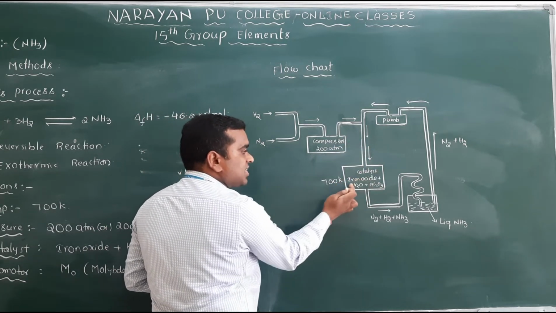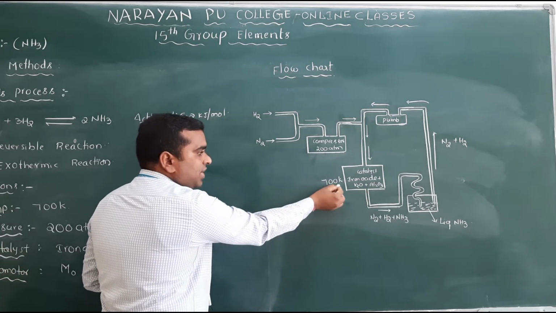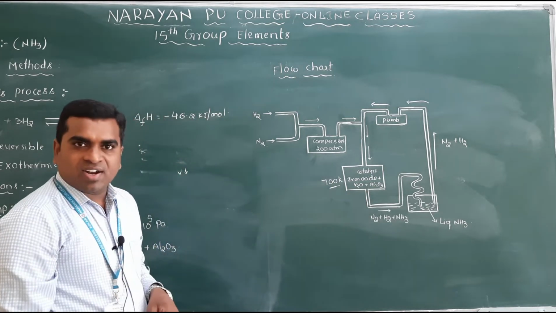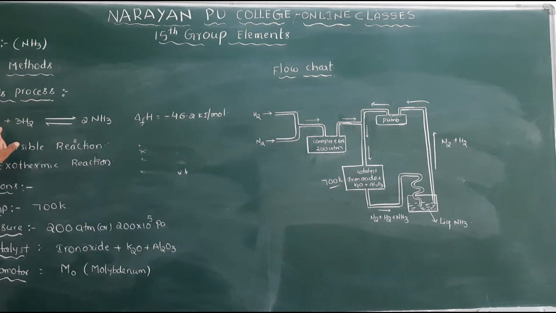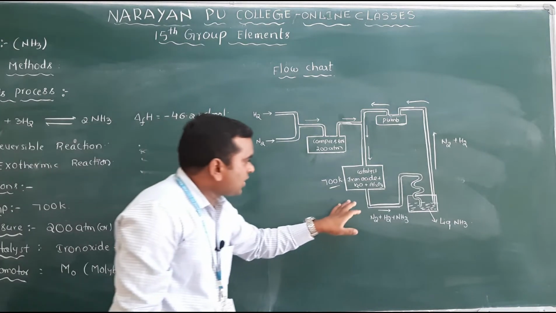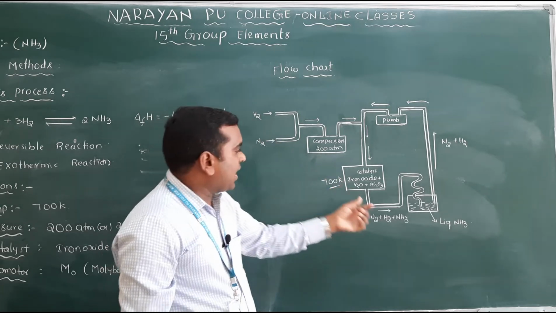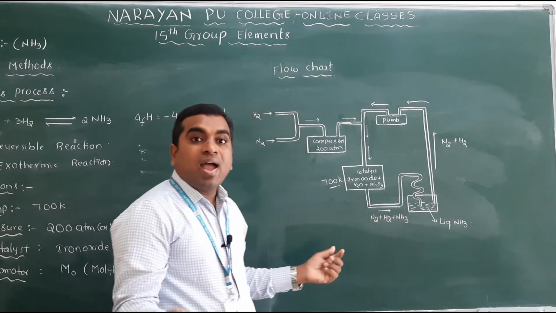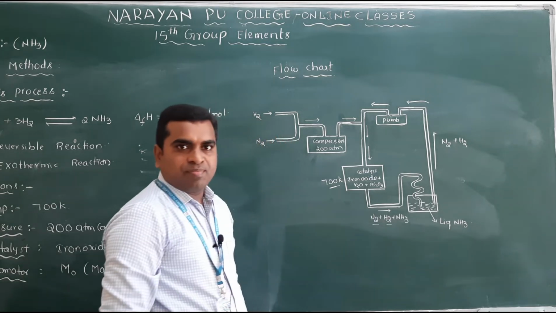There the catalyst is present, iron oxide, K2O and Al2O3, and we also maintain a temperature of 700 Kelvin. When we maintain this temperature, nitrogen and hydrogen react and give ammonia. Some of the nitrogen and hydrogen gas is converted into ammonia, and some unreacted nitrogen and hydrogen will also be present.